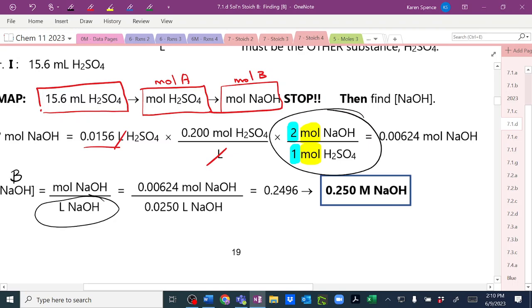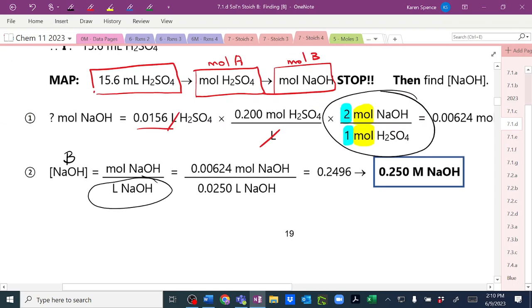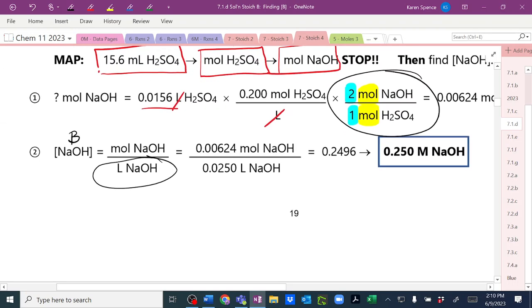Now, there is another way to show your work for this if you want to show it all in one line. If this confuses you, just pretend I've never said anything, okay? But I can say, okay, I want to start with 0.0156 liters of H2SO4.